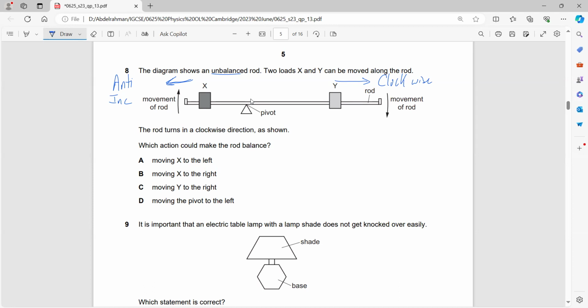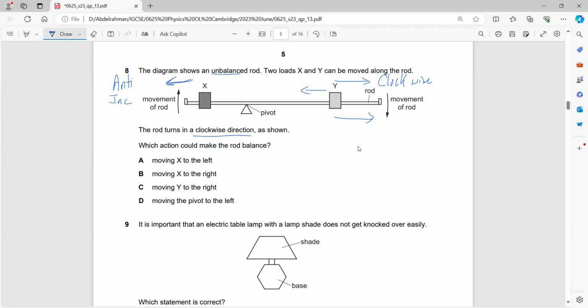Why? Because it's already turning in a clockwise moment. You need to decrease the clockwise moment. Actually, if you move Y to the left, it would have been right. But none of the answers says move Y to the left. So we can't move Y to the left.